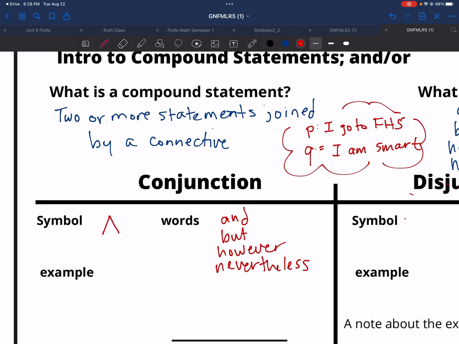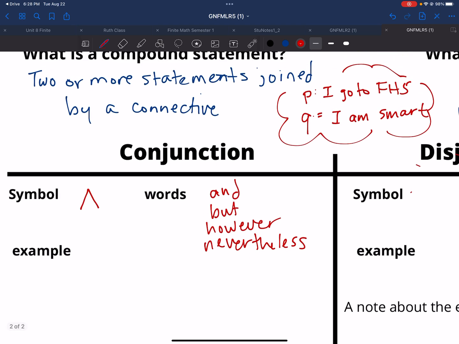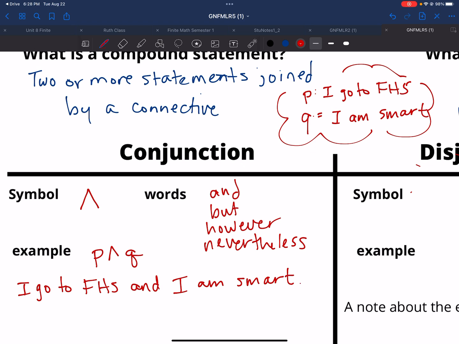So let's get back to that example we had. I go to FHS and I am smart. I would do P and Q. That's what the symbols would look like. And then I would write I go to FHS and I am smart. Right? So that would be an example of conjunction.